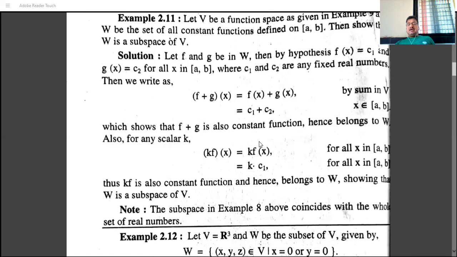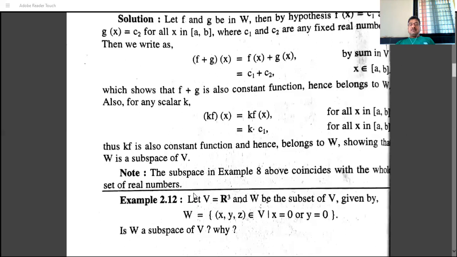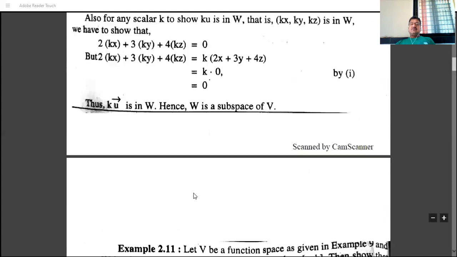And f(x) is C1 and K is a constant, so K times C1 is again a new constant, and therefore Kf is a constant function because (Kf)(x) is constant for all x in the closed interval [a, b]. Hence Kf belongs to W. Therefore the second property is also true, that Kf belongs to W for all f belongs to W and for any scalar K. This shows that W is a subspace of V. So the set of constant functions is a subspace of V.